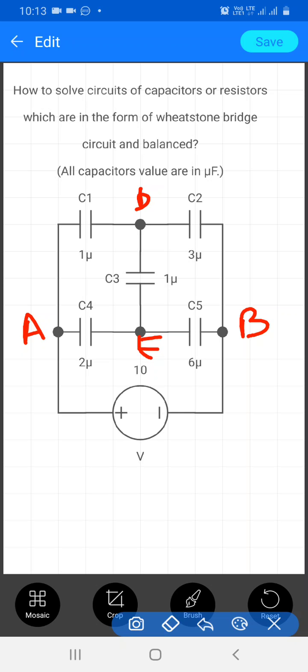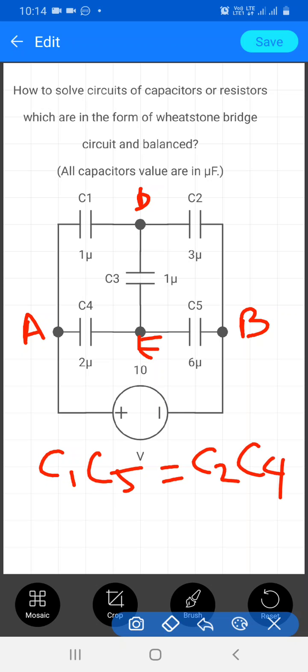then we see here, first we will always check in this type of Wheatstone bridge circuit. This is in the rectangular form. So we can see here, if C1 C5 is equal to C2 C4, that is 1 into 6 is equal to 2 into 3, so we can say this circuit is balanced.